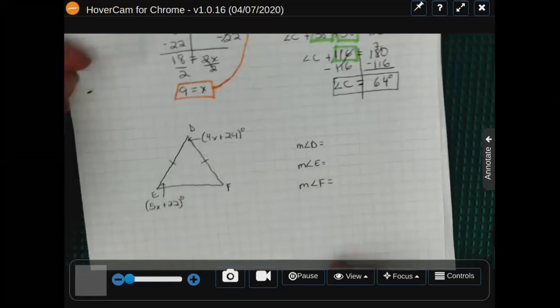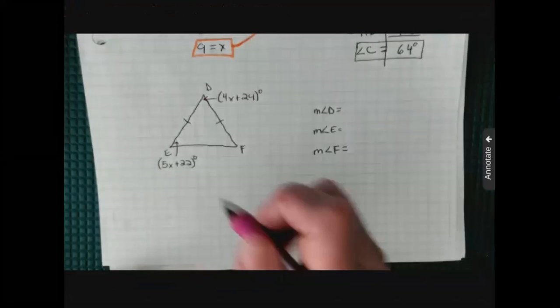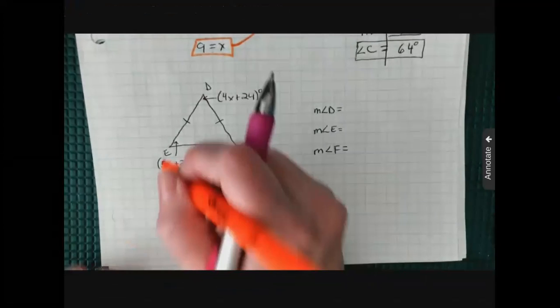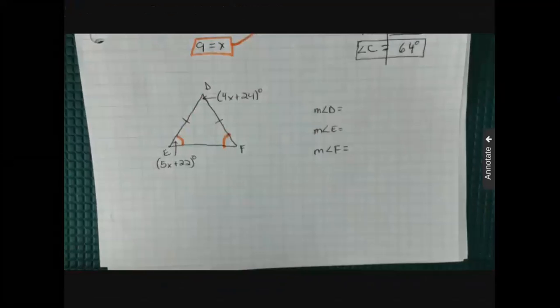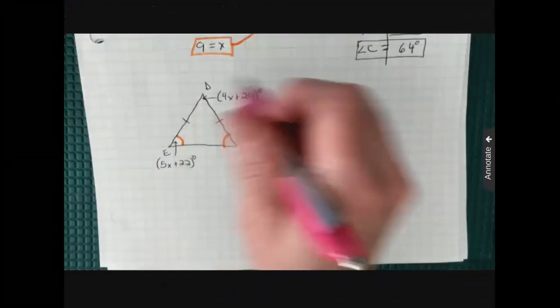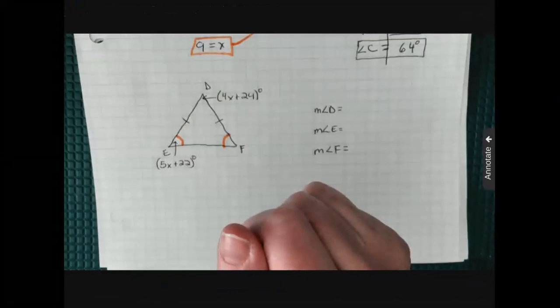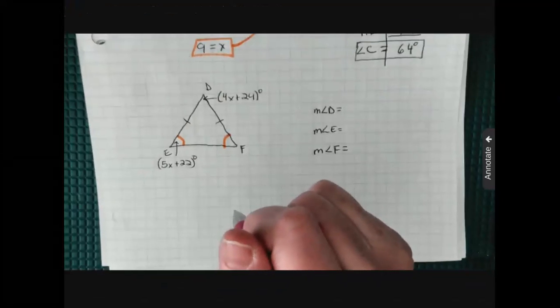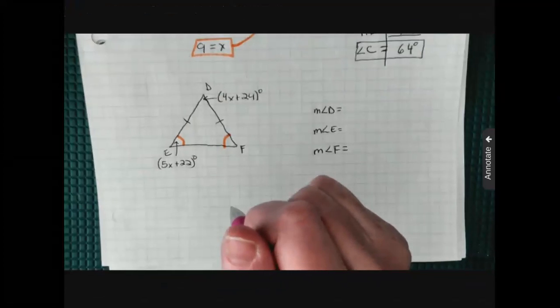Okay, so what we're looking at is this. Remember that these two angles are the same. So now you actually have to add them all up and find x. Let's see, could I make that work? No, not really.